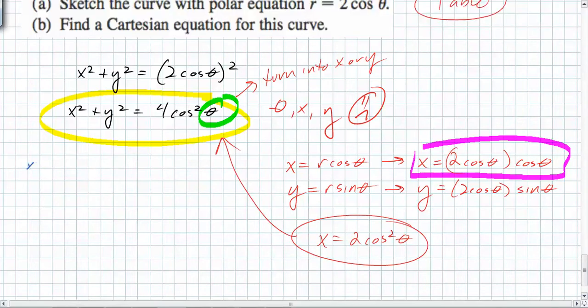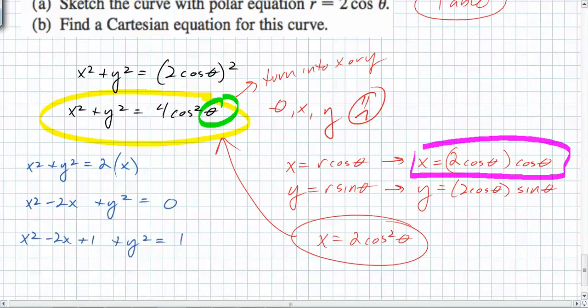So what can you do with that? Nice. So what do we now have? x squared plus y squared is equal to 2 times x. So we have x squared minus 2x plus y squared is equal to 0, so we have x squared minus 2x plus 1 plus y squared is equal to 1. What did I just do? I completed the square is what I did.